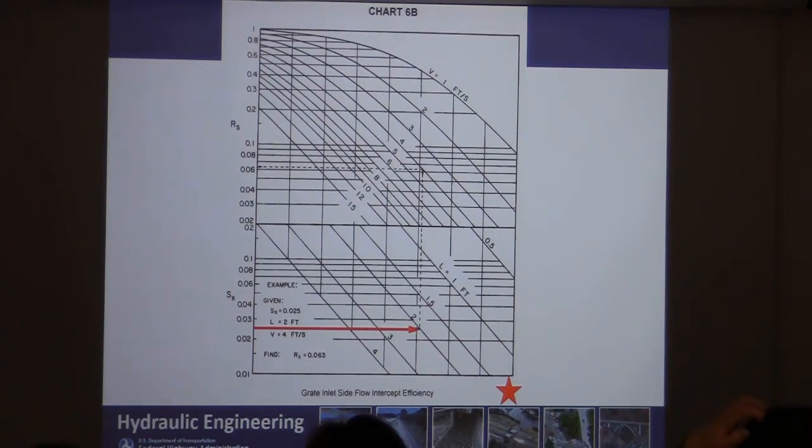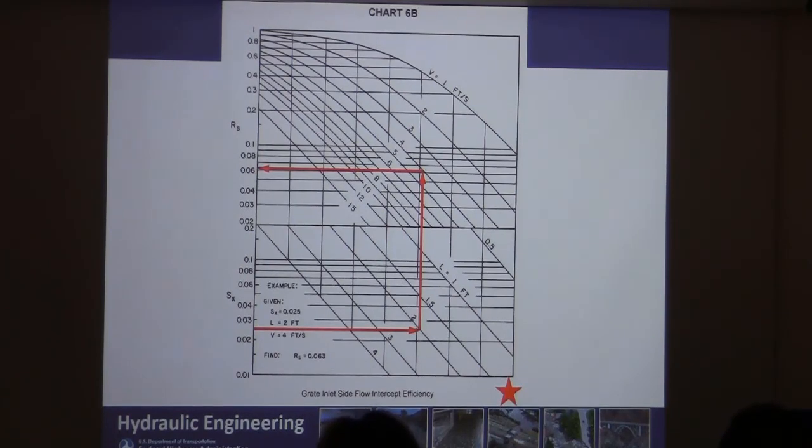Yeah, in this case, it's 0.25, and our length of grate is 2 feet. We go up to the velocity, which in this case was 4 feet per second. And we come across and we see that our side slope interception is 0.06. It's probably about 0.063 or something like that, or 6.3% of side slope interception for the grate.